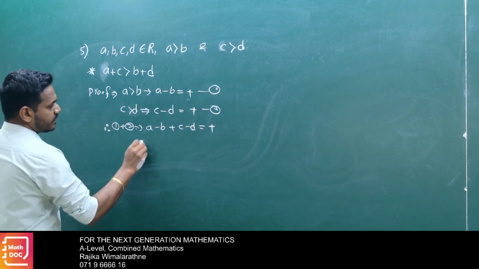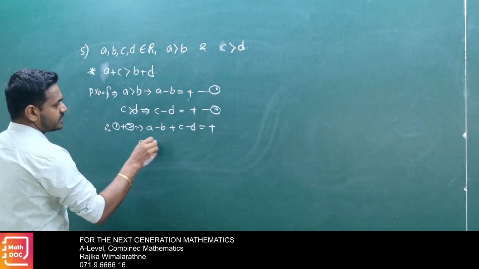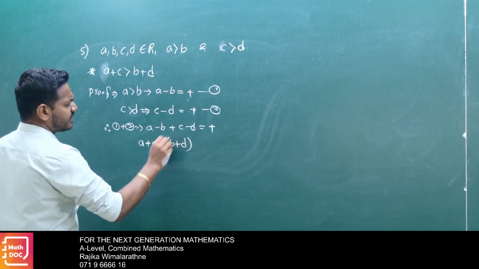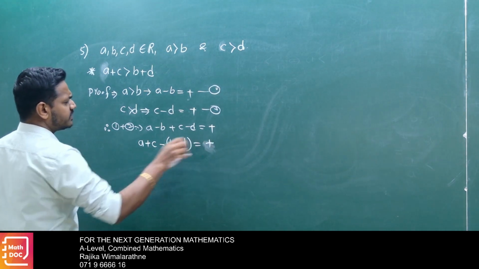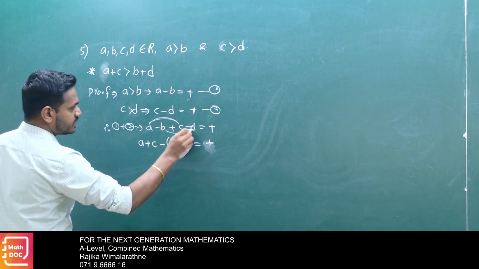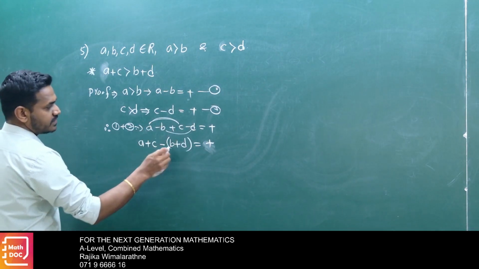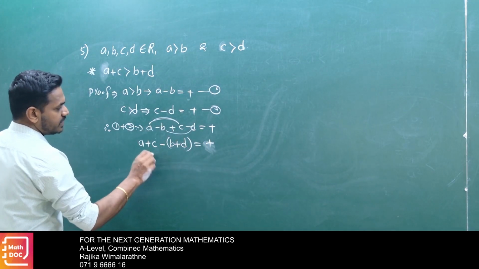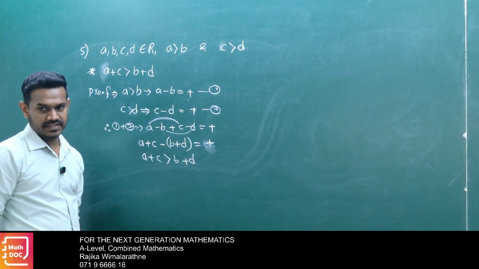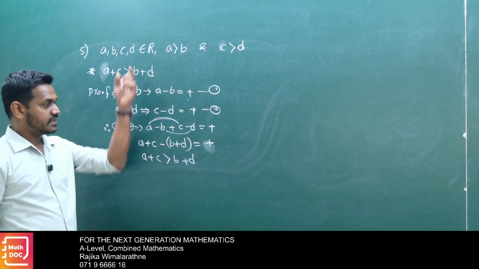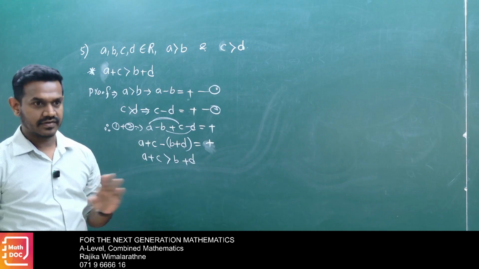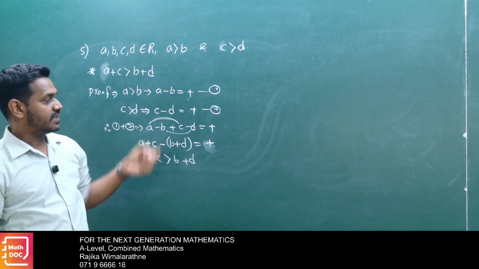Then say A plus C, B plus D. Here positive, no? I couple these two and couple these two. Then A plus C minus B plus D positive means A plus C greater than B plus D. Okay. So that means we can add same type inequalities together, but inequality subtraction impossible. Okay. Do that.